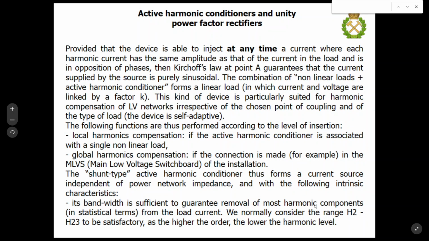And also such a filter, depending on the type of installation, the place of installation, can function in some modes: local harmonic compensation, for example, you may see here, global harmonic compensation, and semi-global compensation.